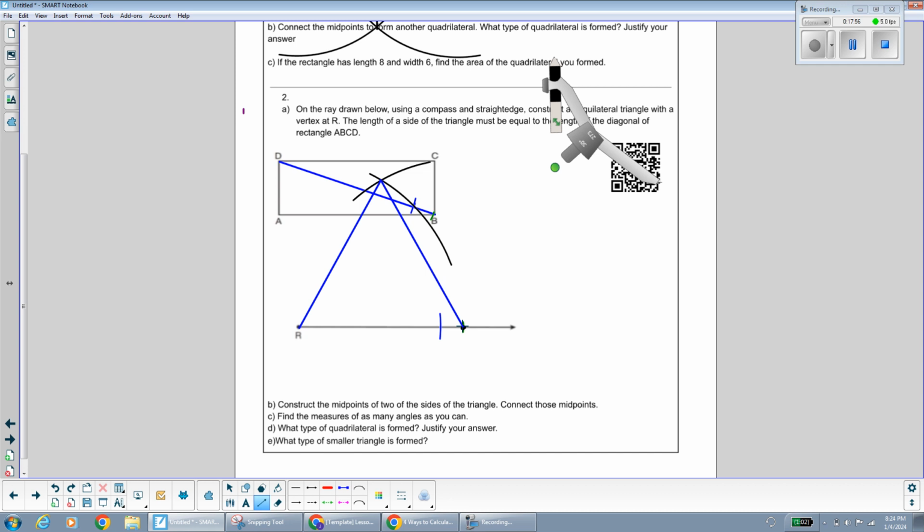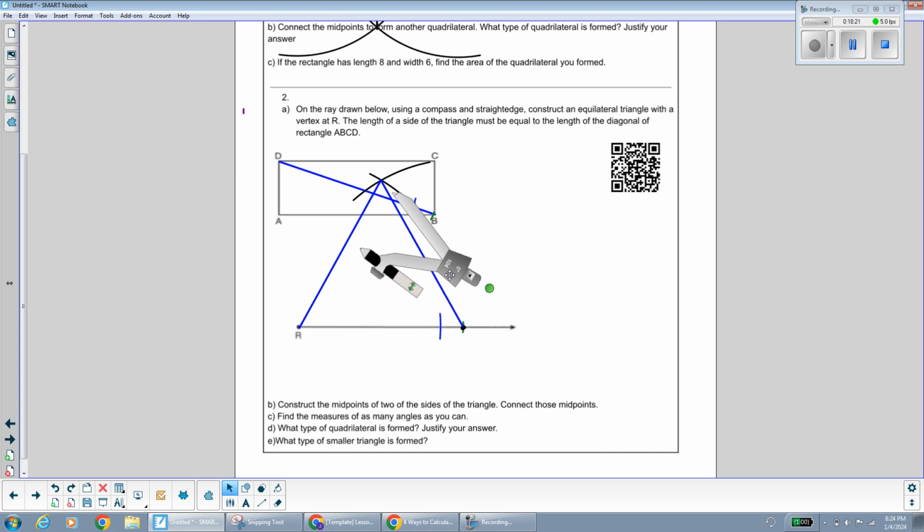Next, it says to construct the midpoints of two sides of the triangle. So let's do it. To construct the midpoint, we're going to do a perpendicular bisector like we did in one of the previous examples.